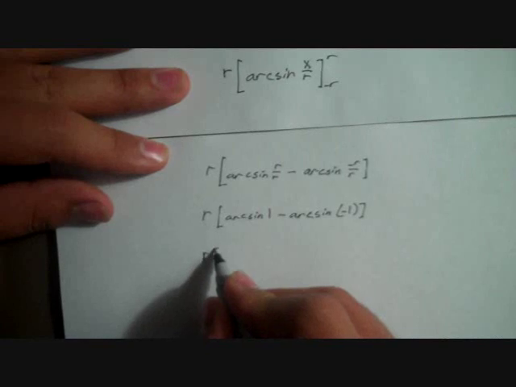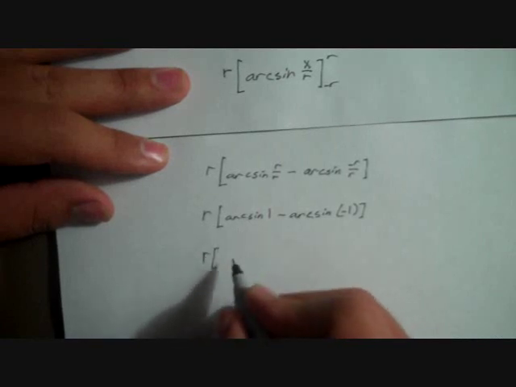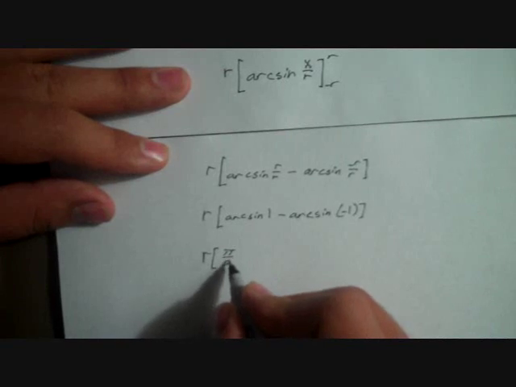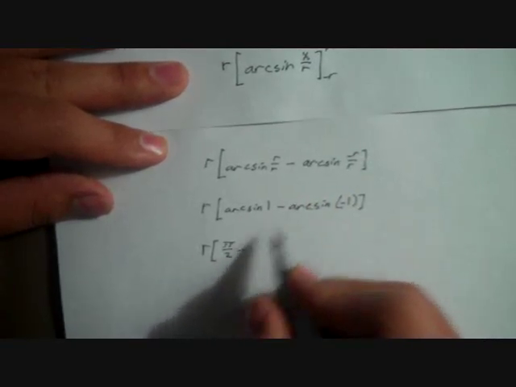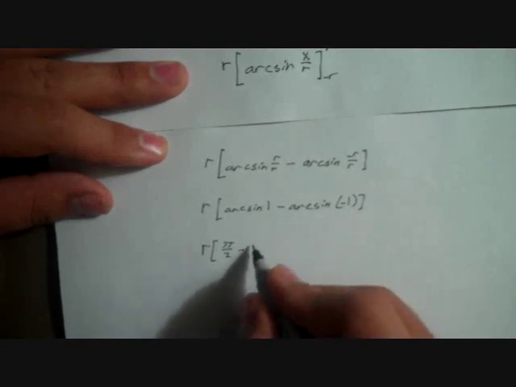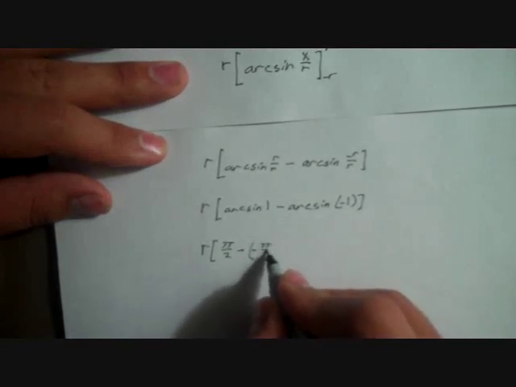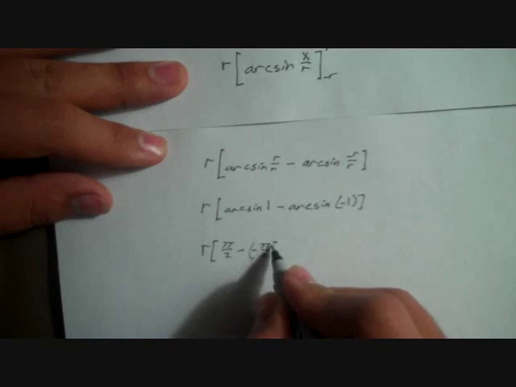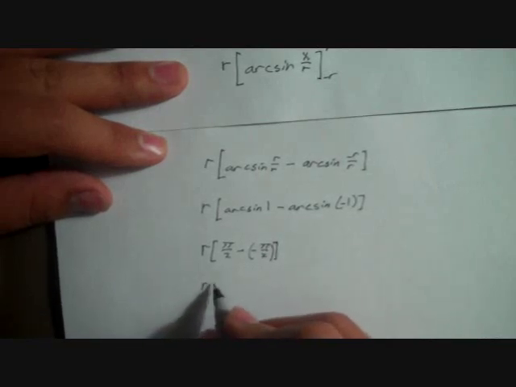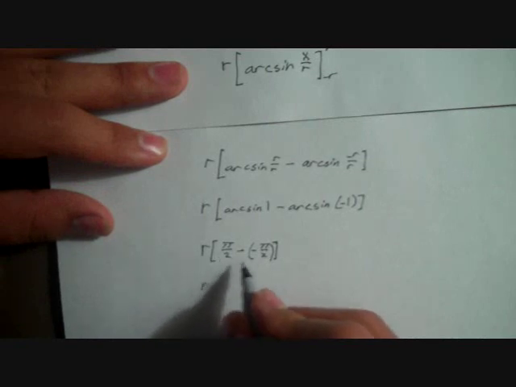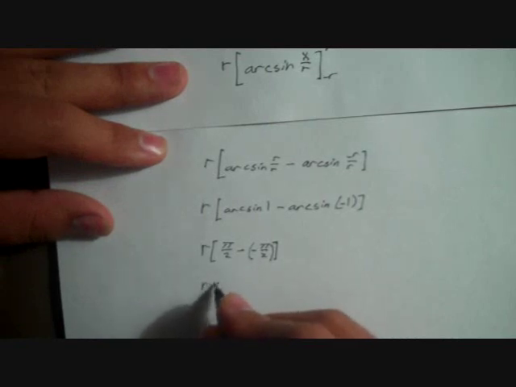So we'll have r times the arcsine of 1, well, that's pi over 2, right? Because the sine of pi over 2 is 1, minus the arcsine of negative 1, well, that's negative pi over 2, right? So r times pi over 2 minus negative pi over 2, well, that's pi.